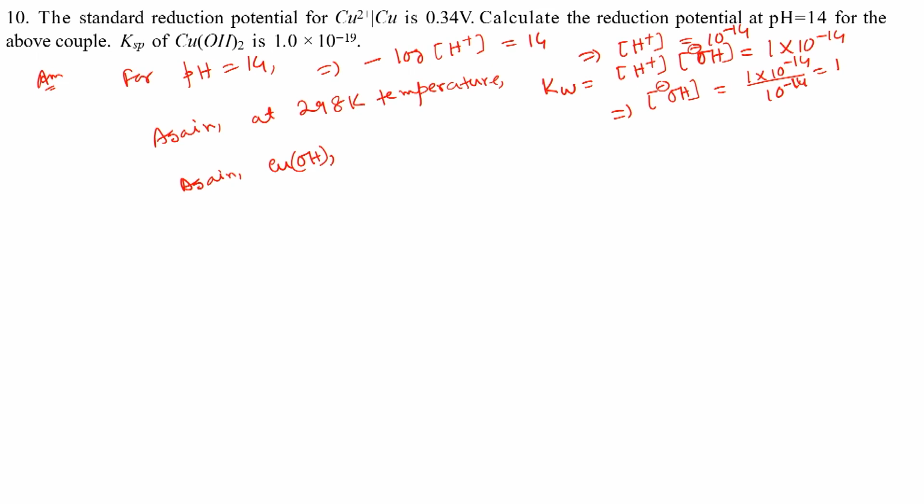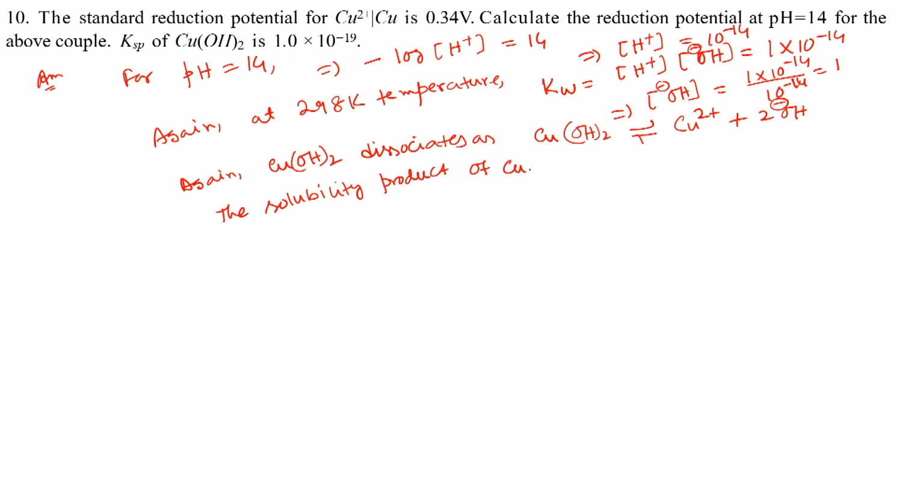Again, Cu(OH)2 dissociates as Cu2+ plus 2 OH-, right. Now, the solubility product of Cu(OH)2, that is Ksp, you can write as concentration of Cu2+ times concentration of OH- raised to the 2.